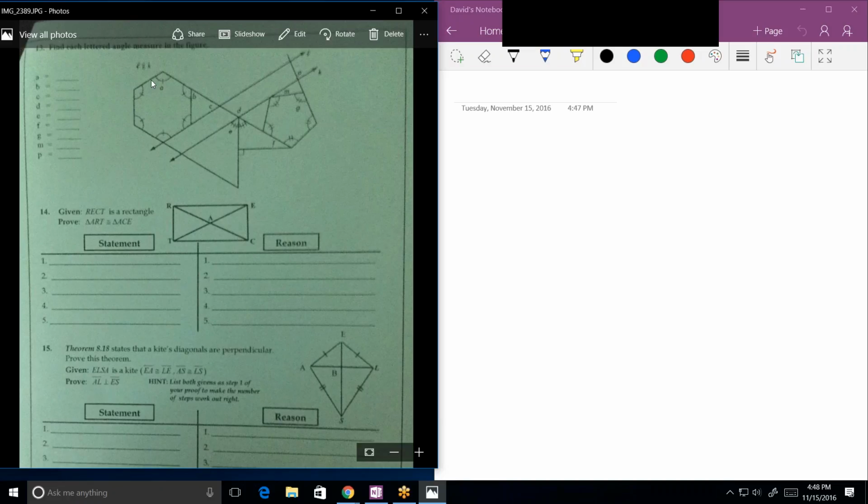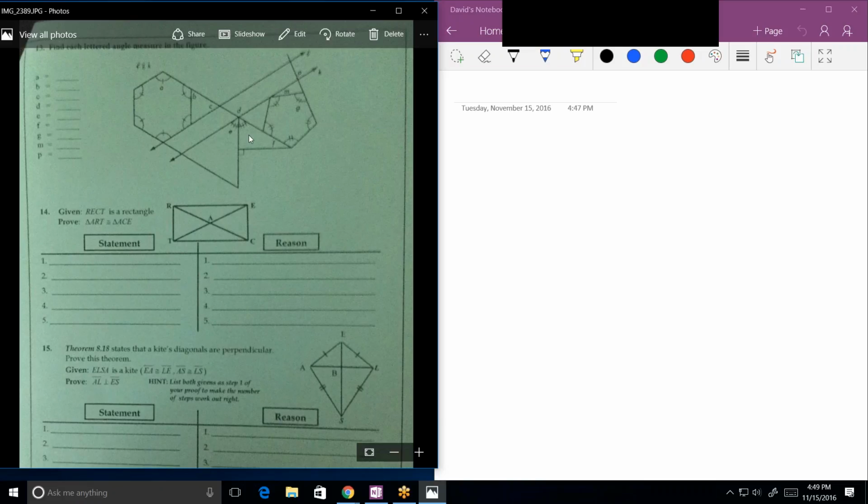You just kind of have to figure out what A is. Sometimes you can figure them in order of the letters, sometimes you can't. Doesn't matter, but obviously I can figure A, and once I got A, I can figure B. Once I got B, I know this angle and I can figure C. D is the same as the linear pair to C because they've got parallel lines with the transversal.